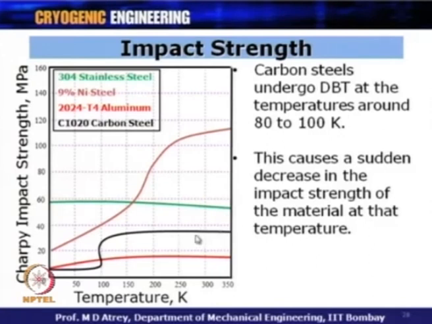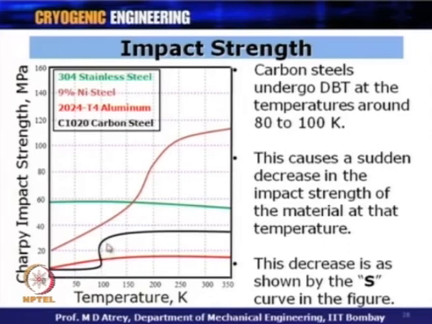This causes a sudden decrease in the impact strength of the material. As I just said, this is having high impact strength over here, while the impact strength drastically came down at this point. Similarly, for 9% nickel, the impact strength was very high here. Impact strength suddenly comes down at lower temperature, while what you can see from here is that the impact strength of stainless steel remains unchanged at lower temperature.